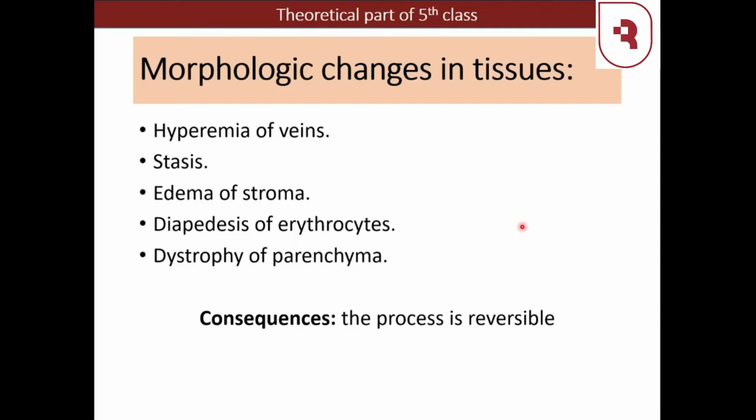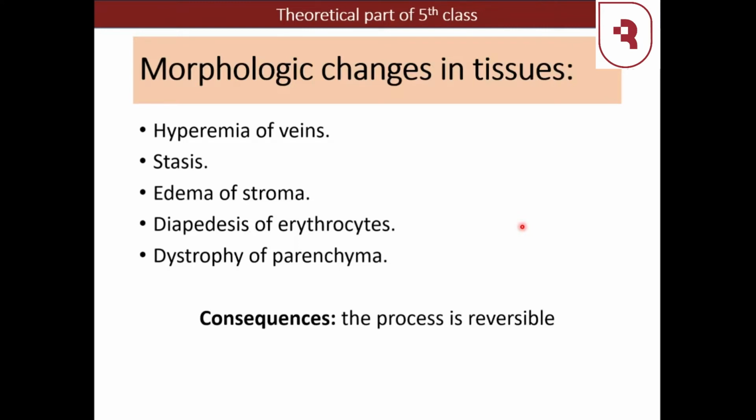Morphological changes in tissues associated with hyperemia of veins are really easy to find. A vein in histological examination will have different morphological characteristics compared to arteries, and we will see some special changes.